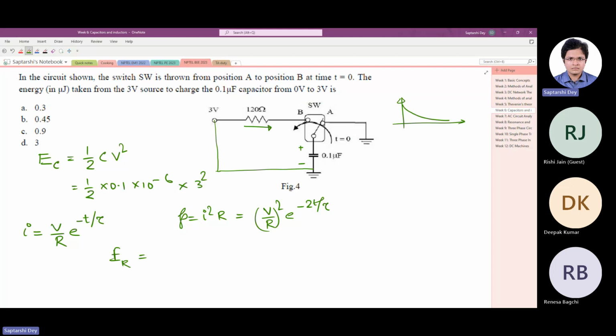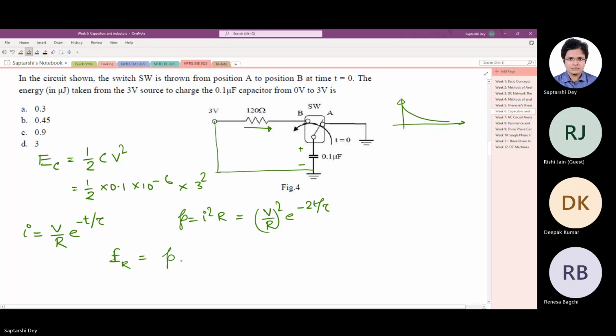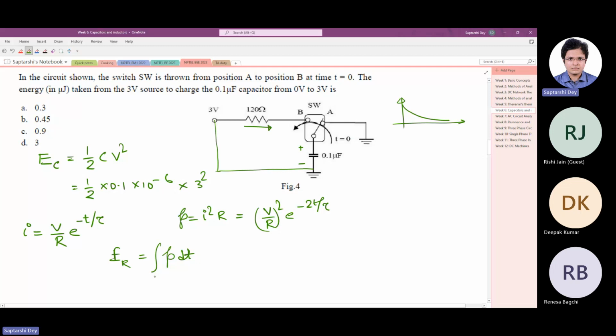Now energy is the integration of power, p dt. Now you tell me the time. It should be 0 to how much? What is the span of the time?